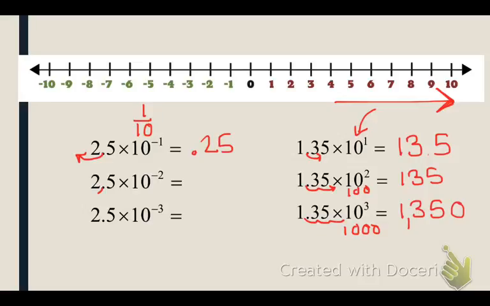If I multiply by 10 to the negative second, I shift 2 place values to the left, which causes me to put a 0 to become 0.025, or 25 thousandths. In the next one, I'm going to shift 3 place values to the left to become 25 10,000ths, or 0.0025.